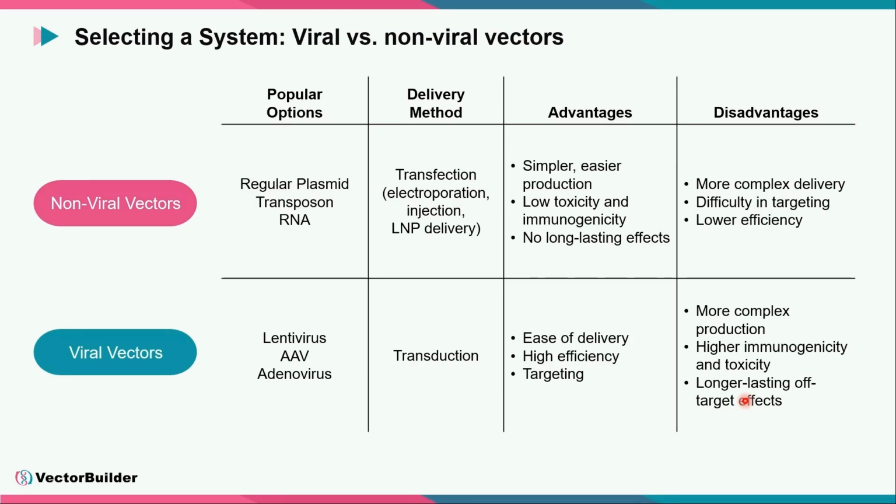Now, in very broad strokes, non-viral vectors are a popular option for easy to transfect cells, particularly those in vitro, like HEK cell lines, while viral vectors are really good for in vivo or for difficult to transfect cells.